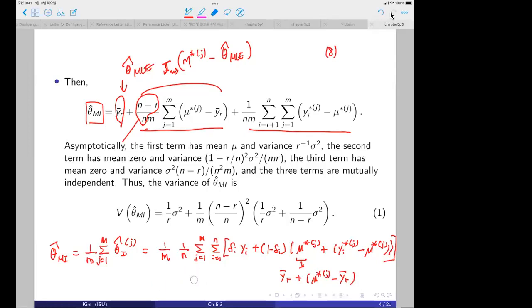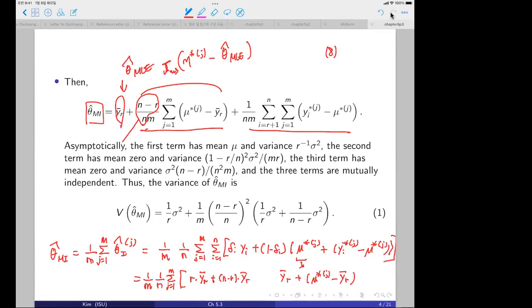Okay, let's do one more time, one by one. You can write it as n y bar, because here you have r times y bar r, the summation of delta y is r times y bar r. Then the second term is m minus r times y bar r, since you have m minus r of them.